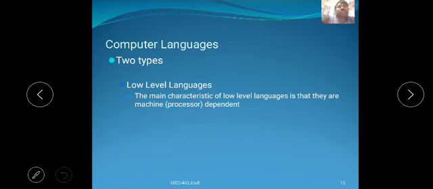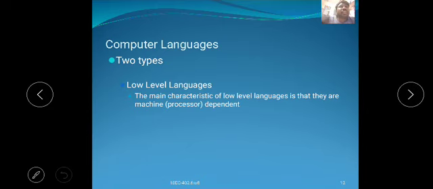For example, in machine level language the data is in binary form, we are only using zeros and ones. The machine directly understands the zeros and ones, executes the program, and we get the result. What type of data we use and what method we follow depends on what type of machine we are using.